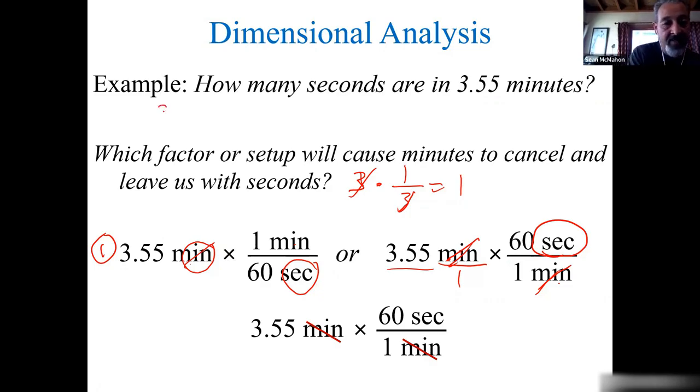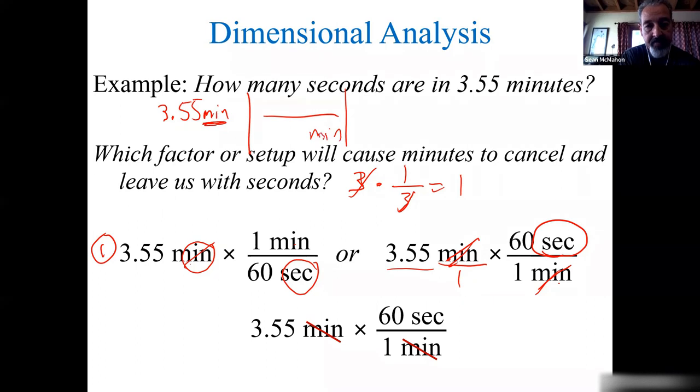So you can think of it as I'm given 3.55 minutes. Before I even write the numbers, I want to get rid of minutes. I need to have that in the conversion factor on the bottom. Okay, and I can convert the minute to seconds, so that goes on top. And then I can worry about the numbers. 1 minute, 60 seconds. And that's what I did here, and it cancels.